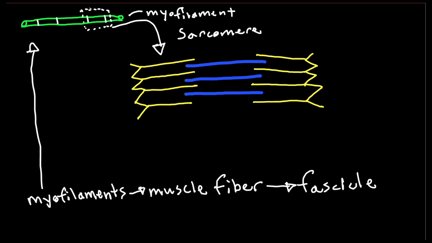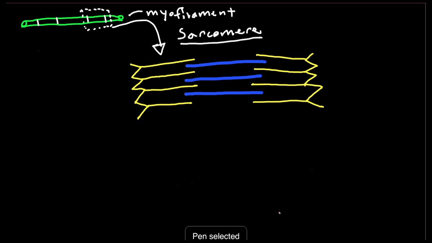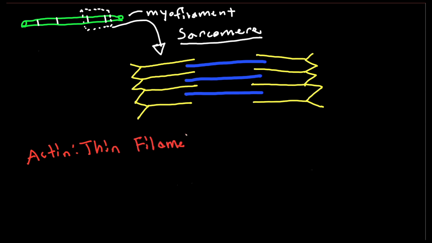Now let's go over the concept of a sarcomere, because it's important to understand the terminology with this as well. You may remember from a previous class thick and thin filaments that make up this sarcomere. And so we have actin, which is referred to as a thin filament, and then myosin, which is a thick filament.